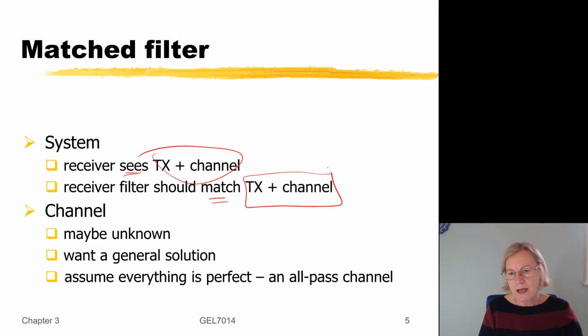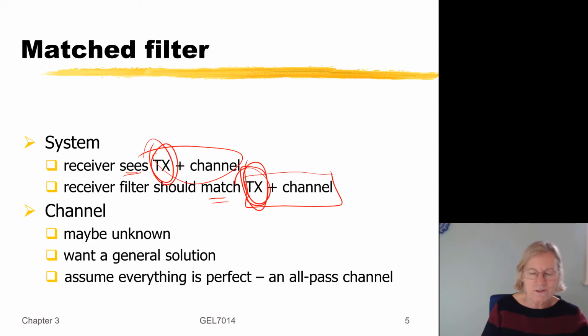For instance, we may be using a system which already has transmitter and receiver filters set, and we don't know what the channel is going to be. And we want a general solution. So sometimes we don't even discuss the channel, and what we say is you're matching it to the transmitter. So it depends on how you're looking at the problem.